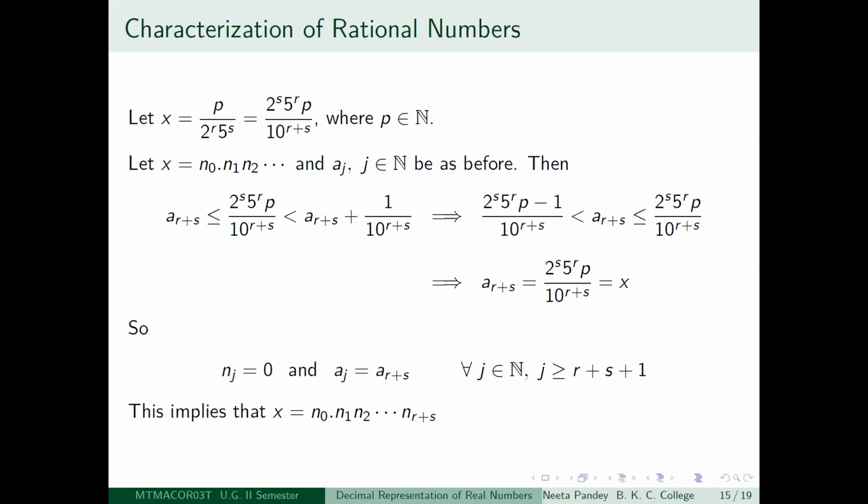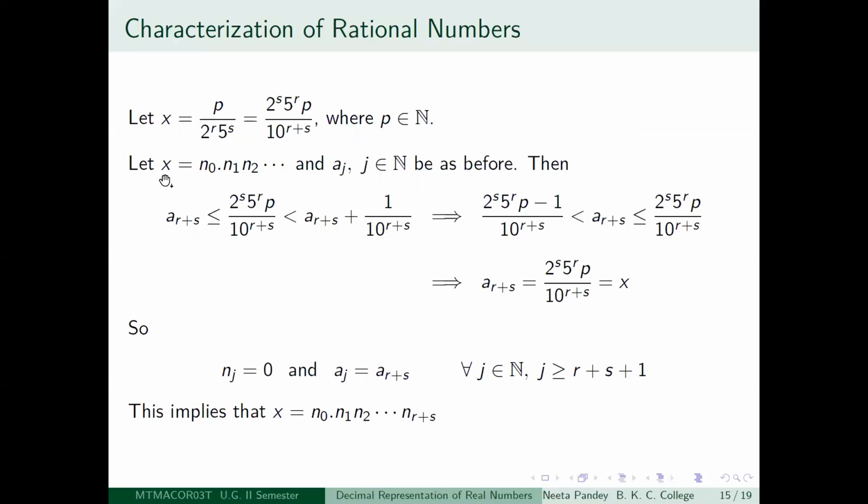So first of all, you assume that your rational number is such that its denominator has prime factors only 2 and 5. So it looks like p divided by 2 to the power r, 5 to the power s. Then if you multiply your numerator and denominator both by 2 to the power s, 5 to the power r, then you will get a form of the rational number where your denominator is 10 to the power r plus s.